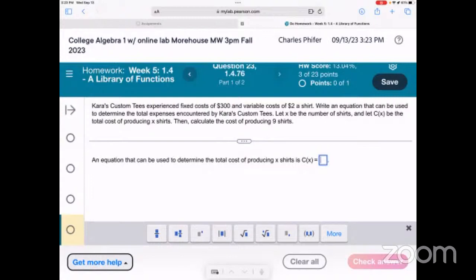And then for each shirt that she produces, it costs her an additional $2. So we're going to say plus 2 times X, and that should be her cost function. If she produces 0 shirts, she still has her 300 to get started. If she produces 1 shirt, it's going to be 300 plus the $2 for the shirt, and so on. So this should be our cost function.